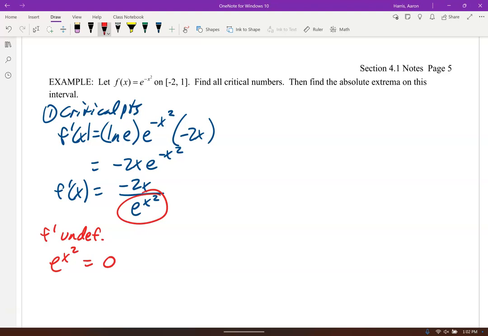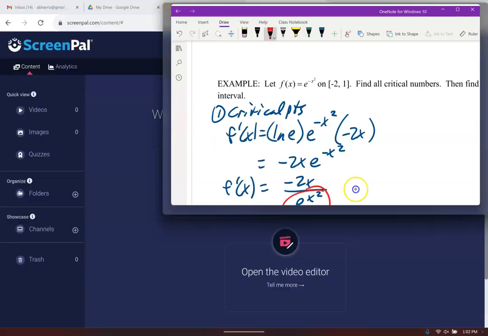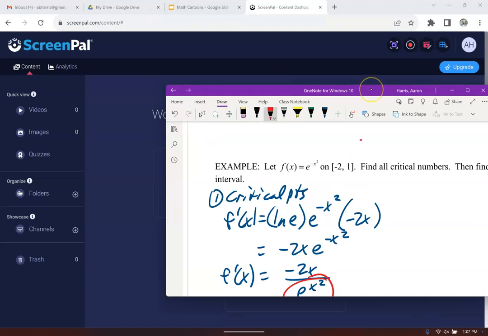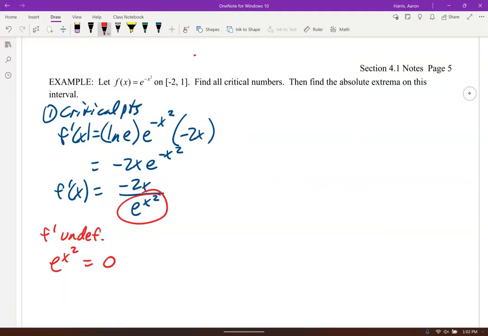So e to anything, will it ever be 0? Think about the graph of e to the x, right? There it is. So e to the x squared is always e to a positive value, right? So it's always going to be positive.